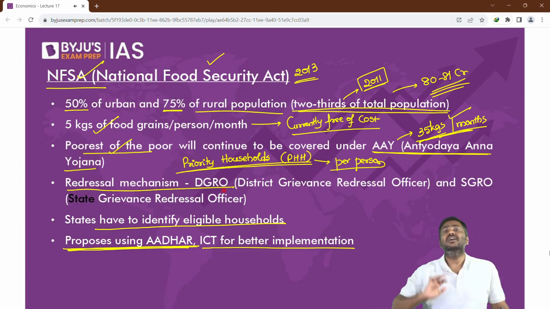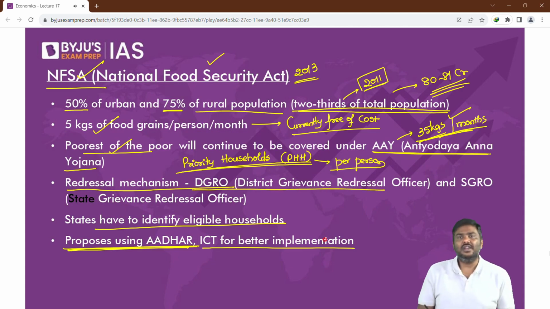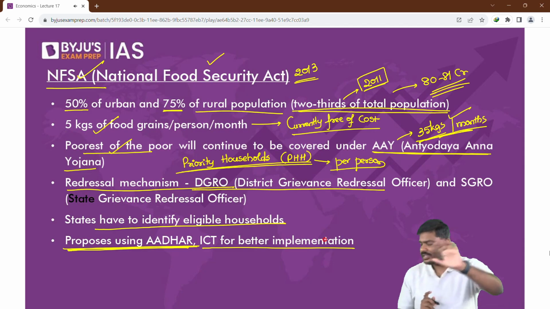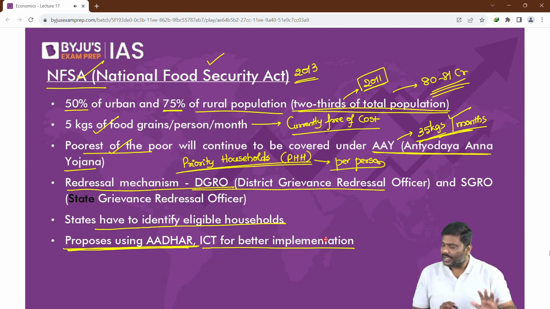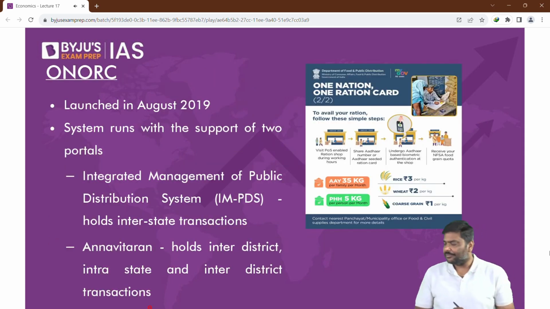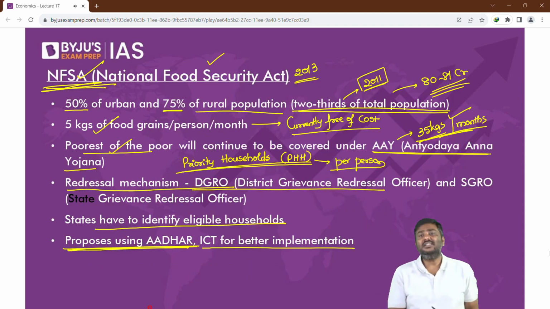Grievance redressal means if you have any kind of complaint, if you're unhappy with certain services provided by the ration agency, etc. There is a grievance redressal mechanism at the state level, at the district level. Officers are appointed. If you have any complaints, you can file with these authorities. Okay, done. That is basically the concept of NFSA, National Food Security Act.